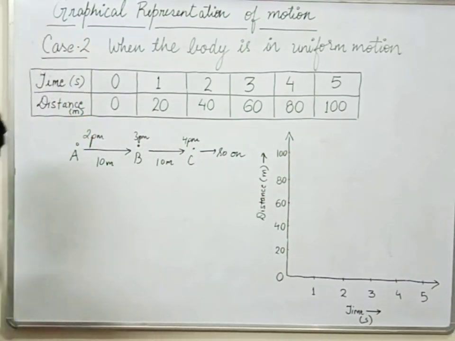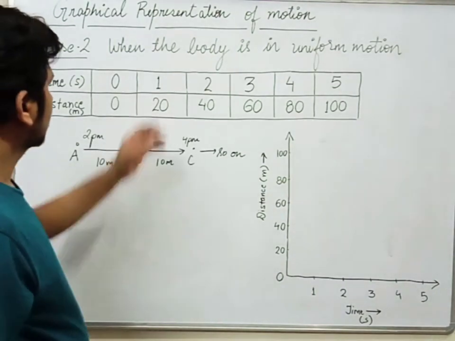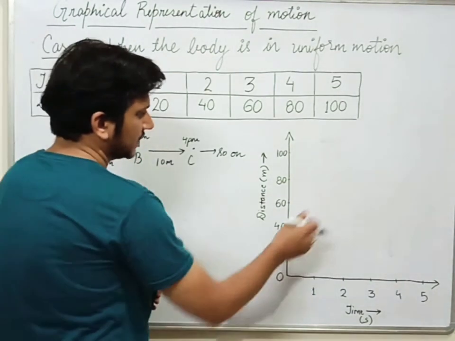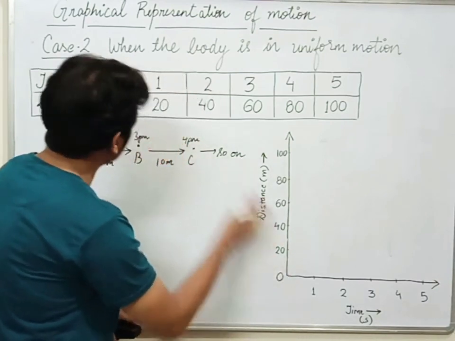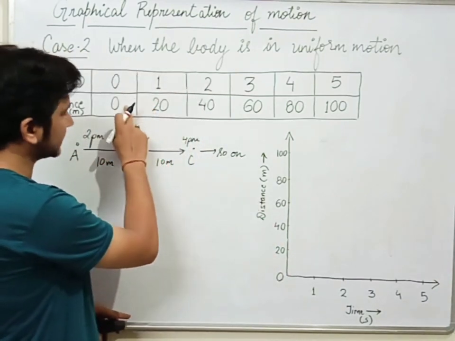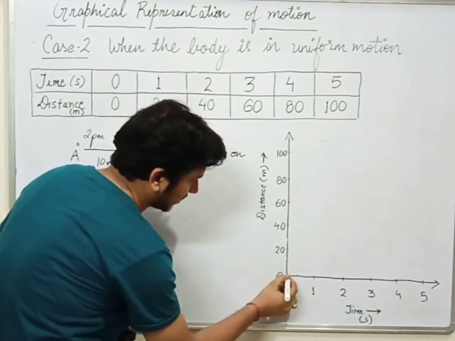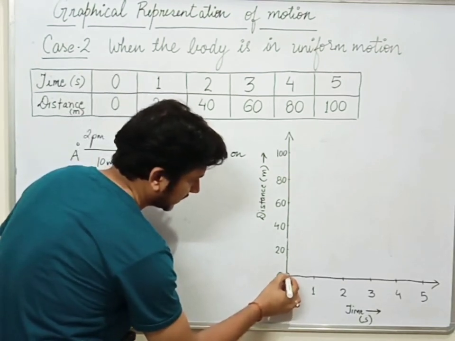According to this table we draw this graph. At 0 seconds it covers 0, which means it is the origin.